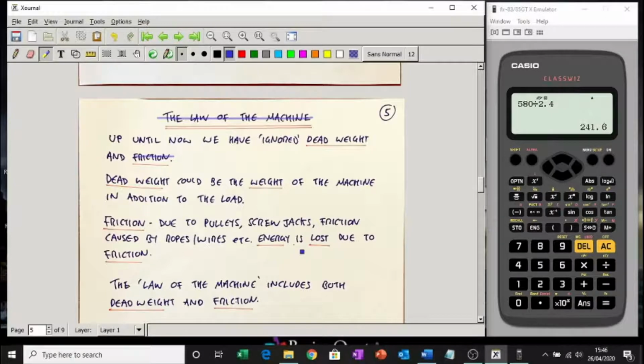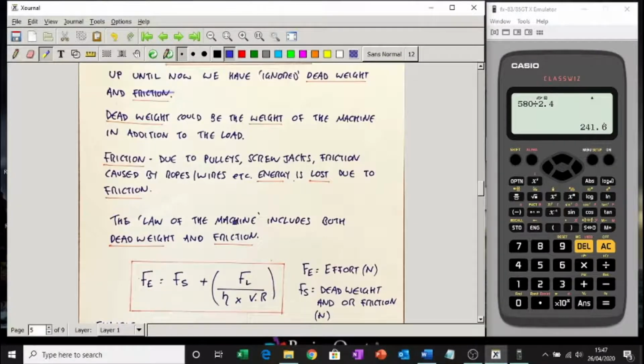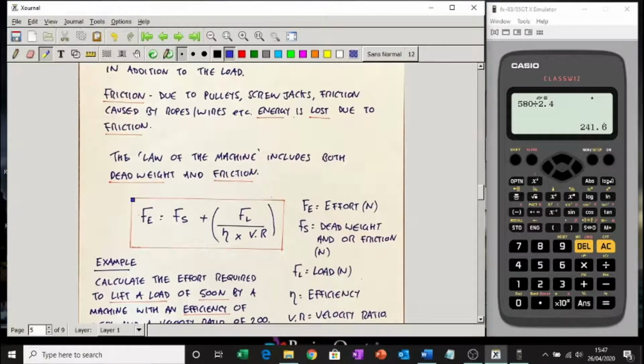So we need to have a number for dead weight and friction. Normally it's just an extra force. We can work things out for friction, but in this case we'll just have a number to overcome the dead weight and friction. So the law of the machine includes both dead weight and friction. So here's another formula, which is called the law of the machine. So we know FE is the effort.